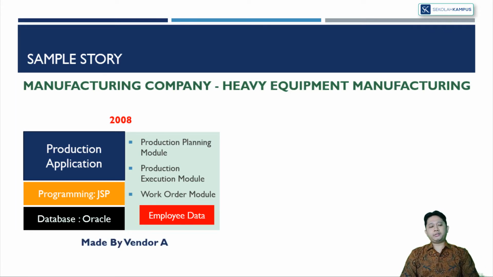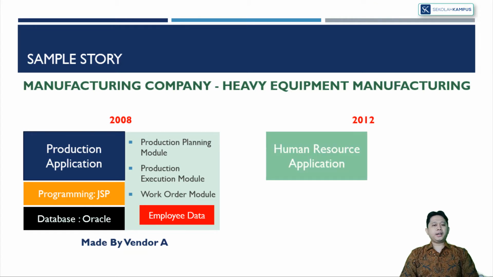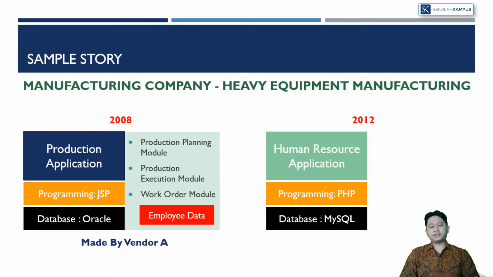The system was developed by a vendor, maybe we can say vendor A. Then in 2012 they had a unit that wanted to implement a human resource application. This is a different application, different not only in purpose but also in technology, because they use PHP programming and the database is MySQL.